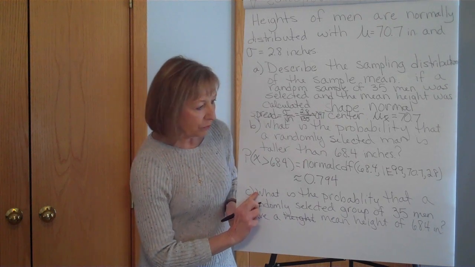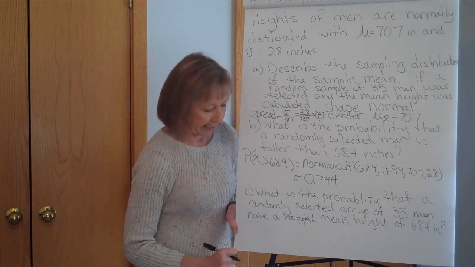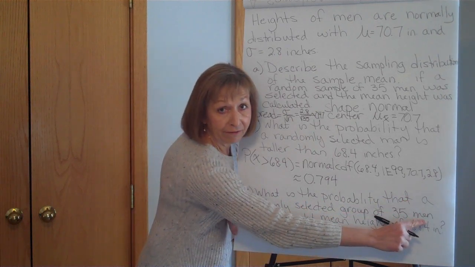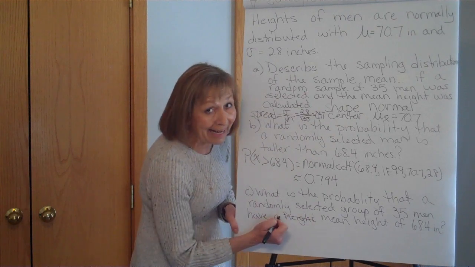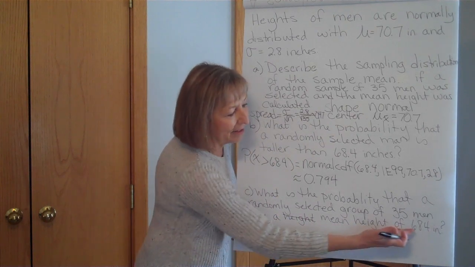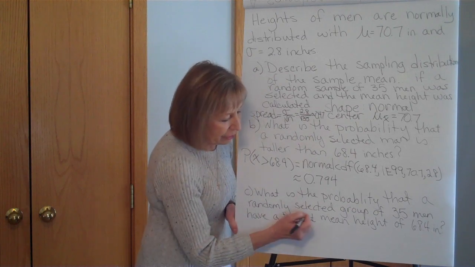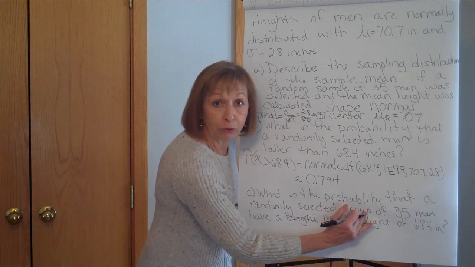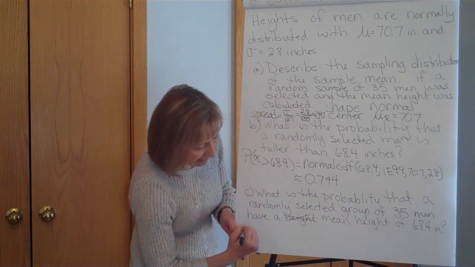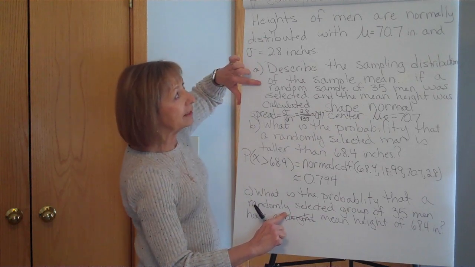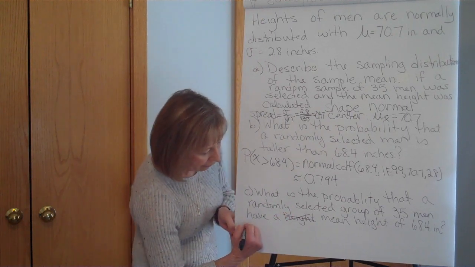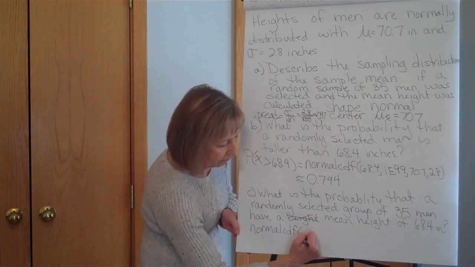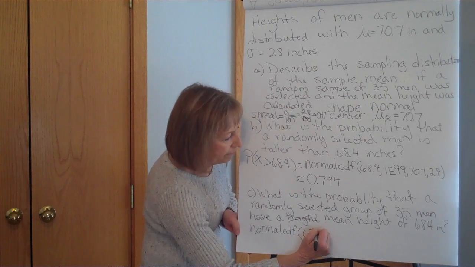Now, this last part is where this whole idea of the sampling distribution kicks in. What is the probability that a randomly selected group of 35 men have not a height, but a mean height greater than 68.4 inches? So you're not looking at just the individual, you're looking at a sample mean of a group. This is still a normal distribution because the individual numbers were normal. So I've got my normal CDF. The low is 68.4.